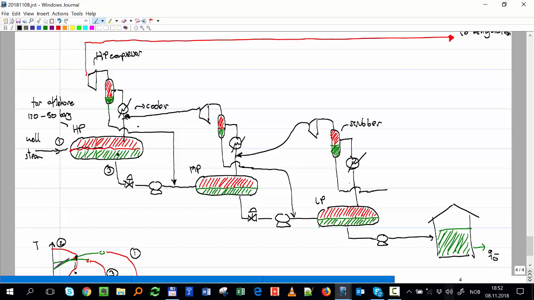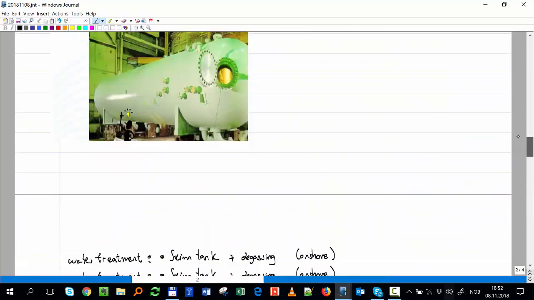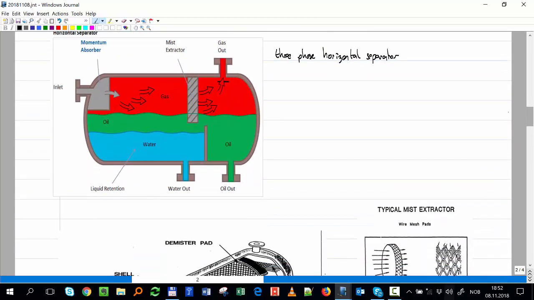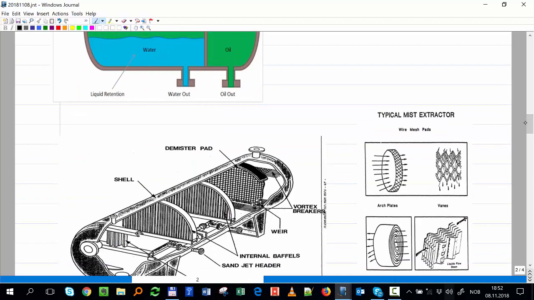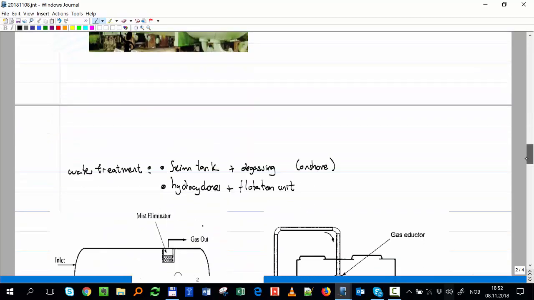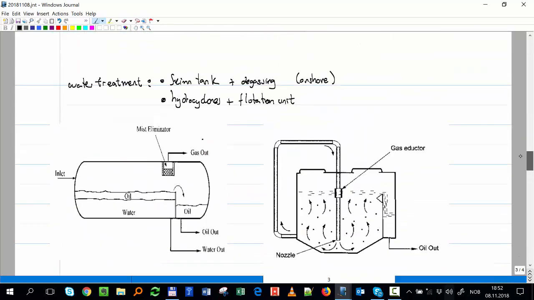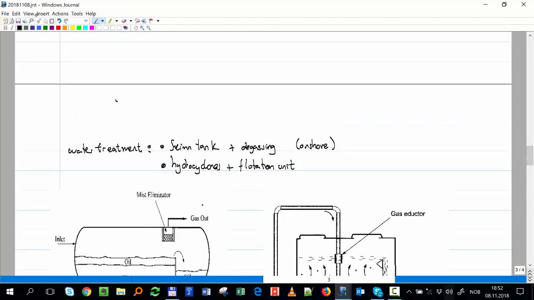Something that we didn't mention, and we should have made the comment, is that this is for oil, when I have a lot of oil and a little bit of gas. When I have gas, the opposite, I have another type of separator that is used, called a vertical separator.